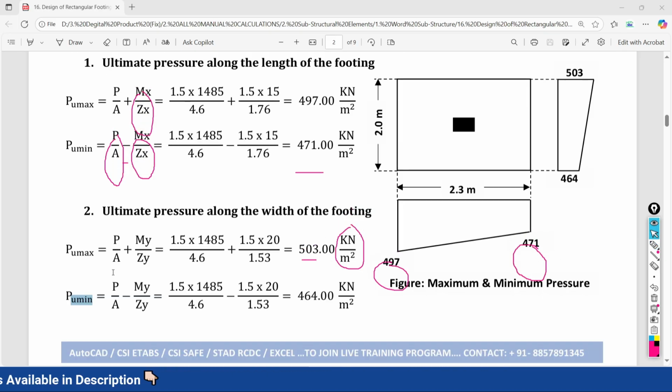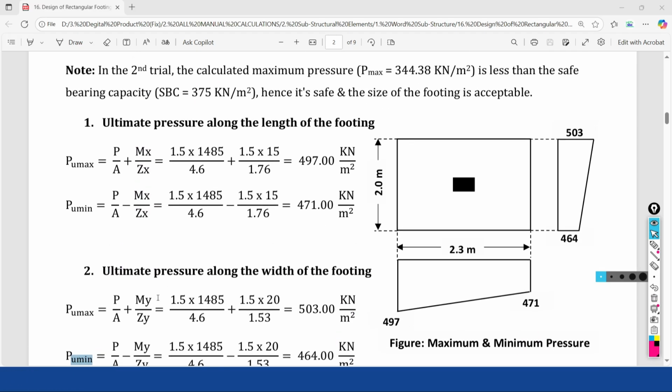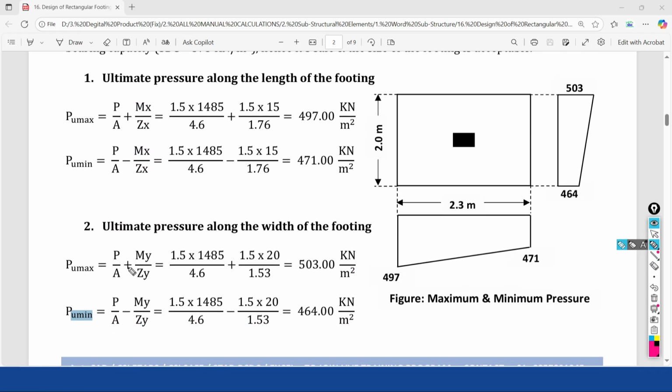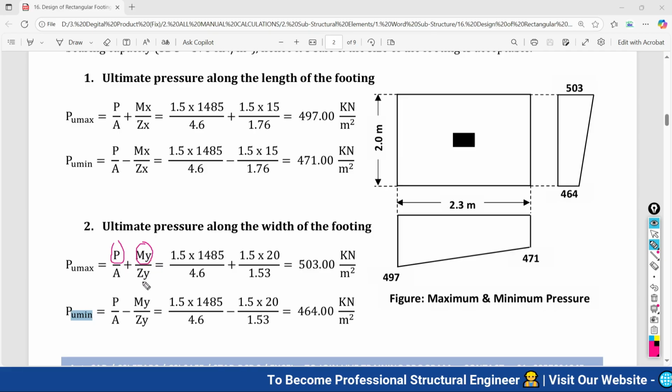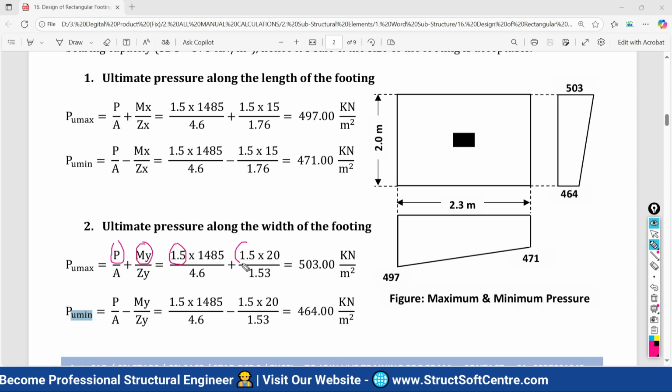In the same way, we are going to do the calculation along the width of the footing. So along the width of the footing, the moment about the minor axis we need to consider. So basically P divided by A plus My divided by Zy, that is nothing but the sectional modulus, and don't forget to multiply with 1.5 to make it a factored value.